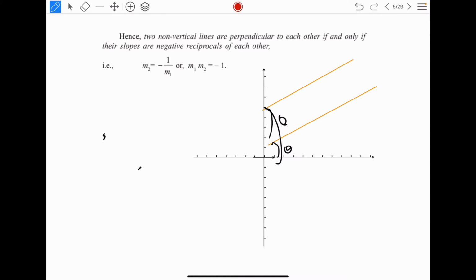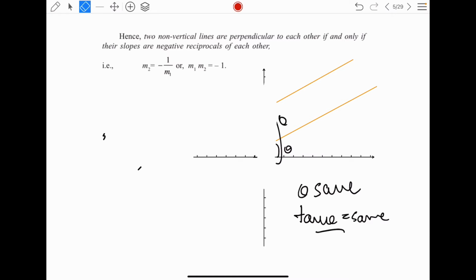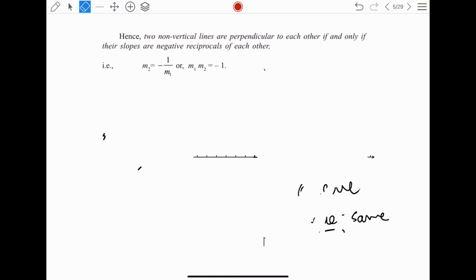And if theta is the same, then obviously tan theta will also be the same, because we are just talking about the first quadrant, and that's why their slopes are the same. So what did we understand? Two lines are parallel only and only if their inclination, the angle they make with the axis, and their slope is the same. Let me just erase this.